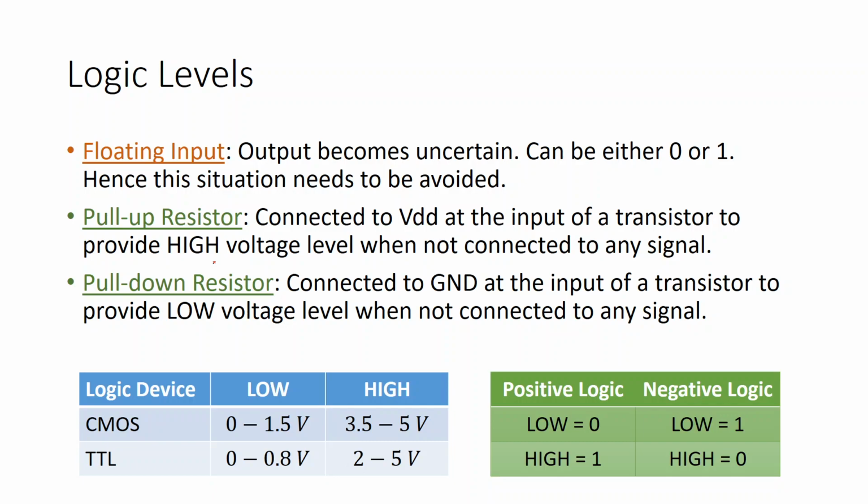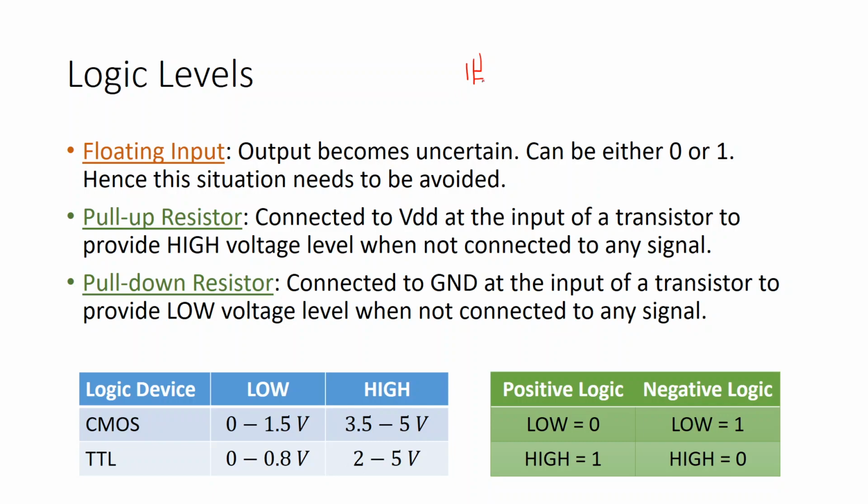So if it is connected by default to a high voltage, that means the VDD source voltage, then we use a resistor to connect it to the source voltage, and this resistor is called a pull-up resistor. So suppose you have your transistor, something like this.